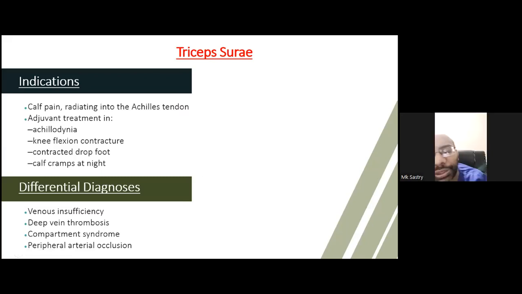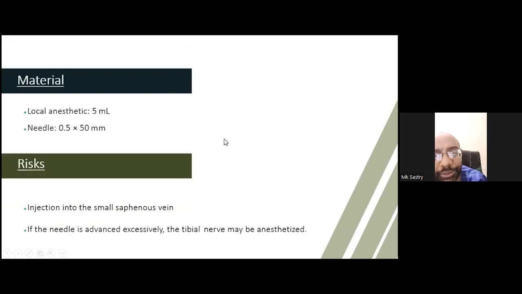Please always differentiate it from deep vein thrombosis. Triceps surae: especially you'll have calf pain at night.